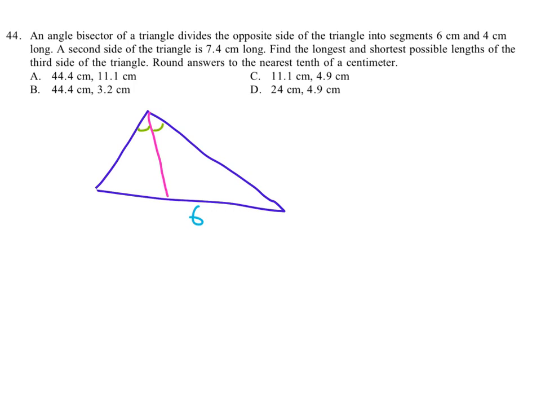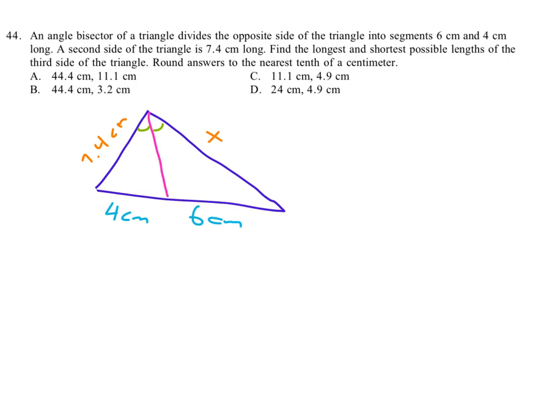6 centimeters and 4 centimeters. Okay, now the second side of the triangle is 7.4 centimeters. So it could either be that it is 7.4 centimeters here, and this is x, and we can set up a proportion because the sides will be proportionate to each other.